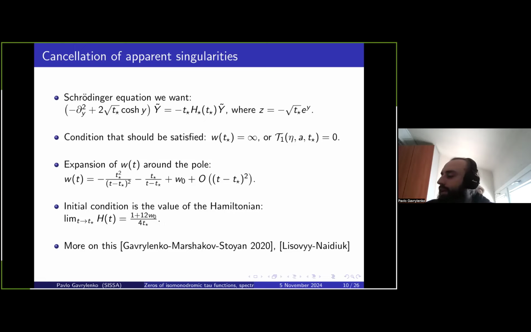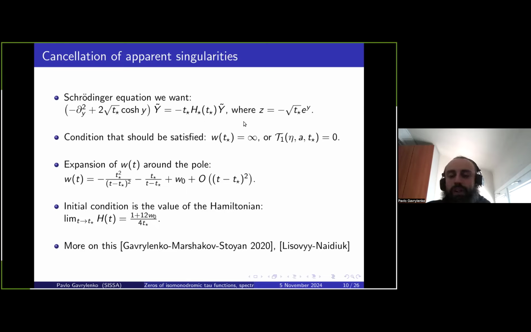If you heard about Painlevé classification, which originally gave all these equations, he was classifying equations that don't have movable branch cuts or essential singularities, but they could have movable poles. And this pole at t star is precisely that movable pole.